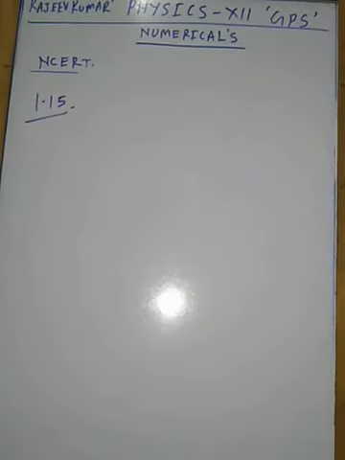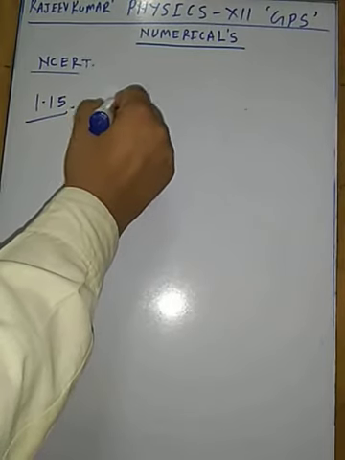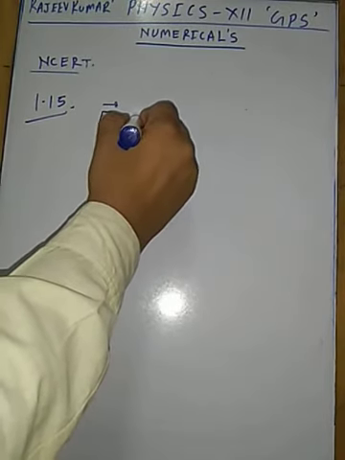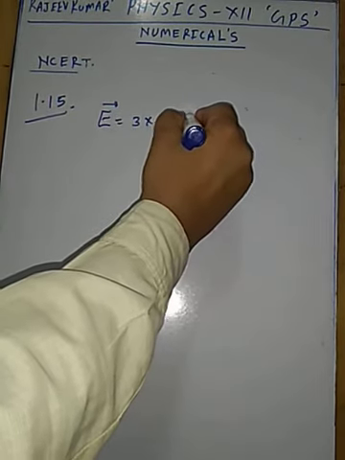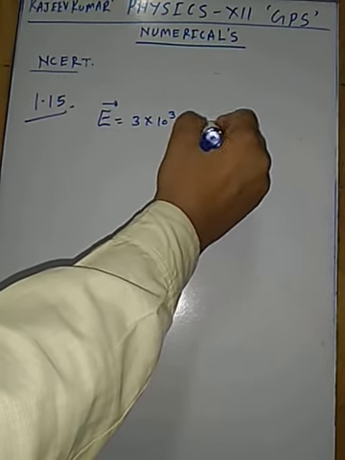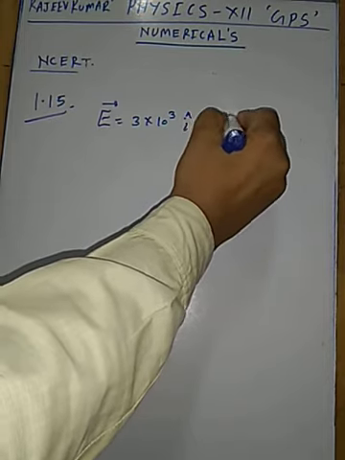Now consider question number 15. A uniform electric field E is equal to 3 into 10 raised to the power 3 i Newton coulomb raised to the power minus 1.